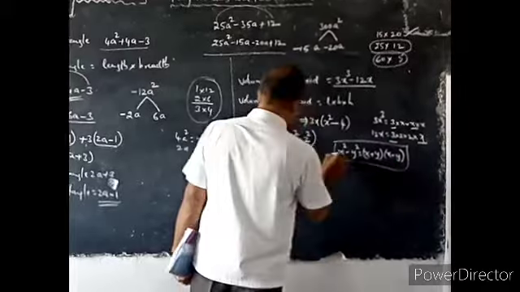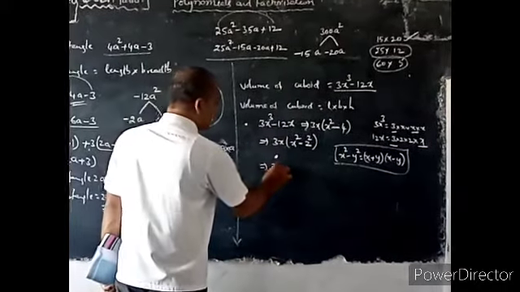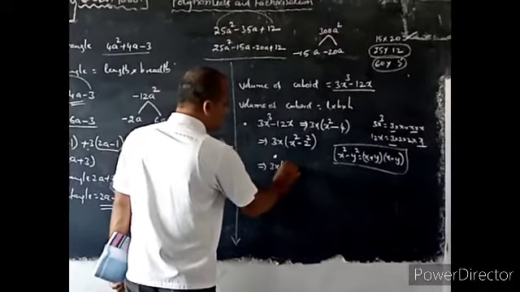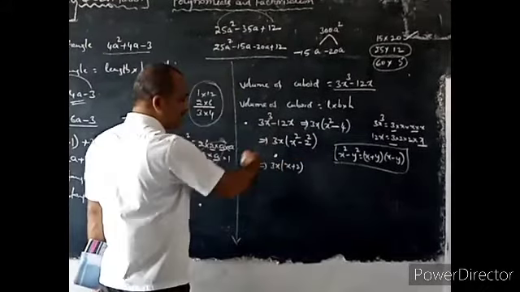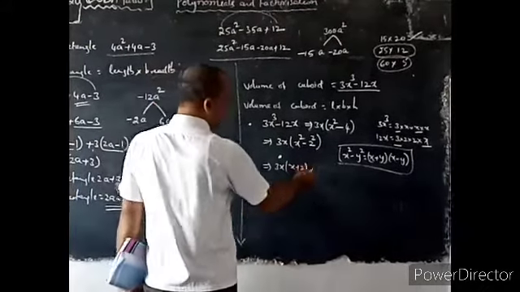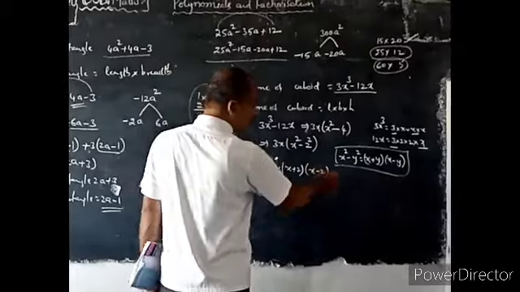By using this identity, it can be written as 3x into x plus 2 and x minus 2.